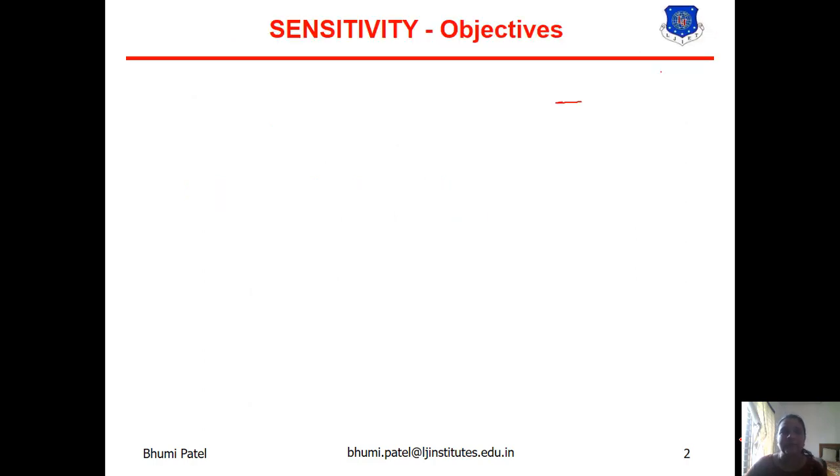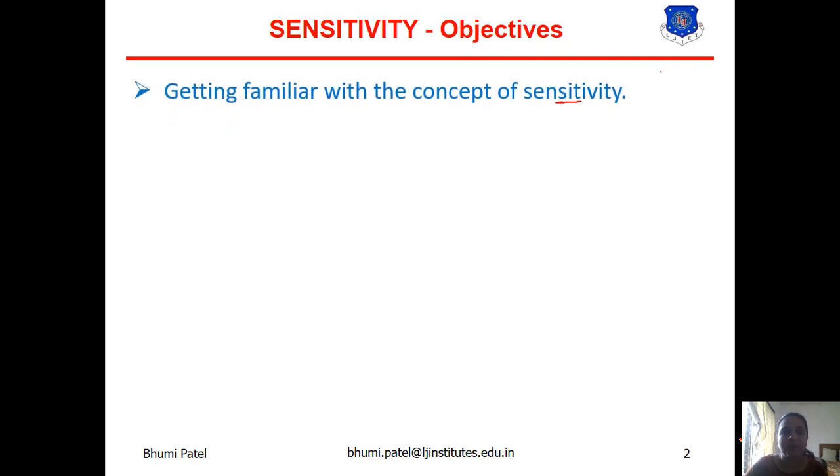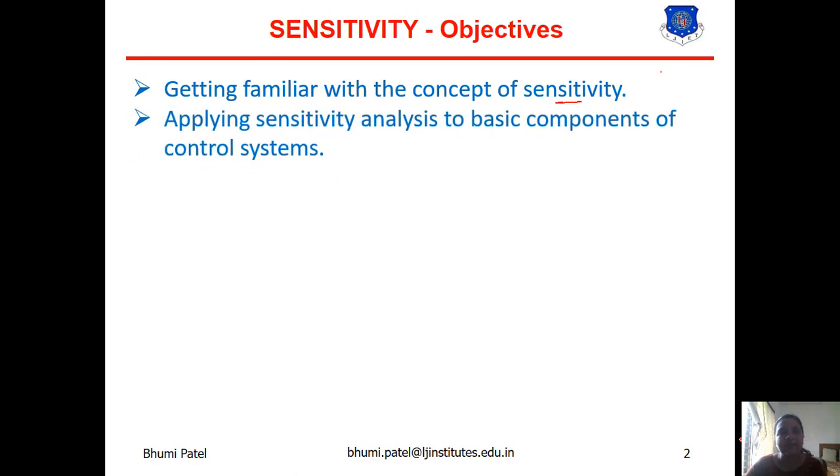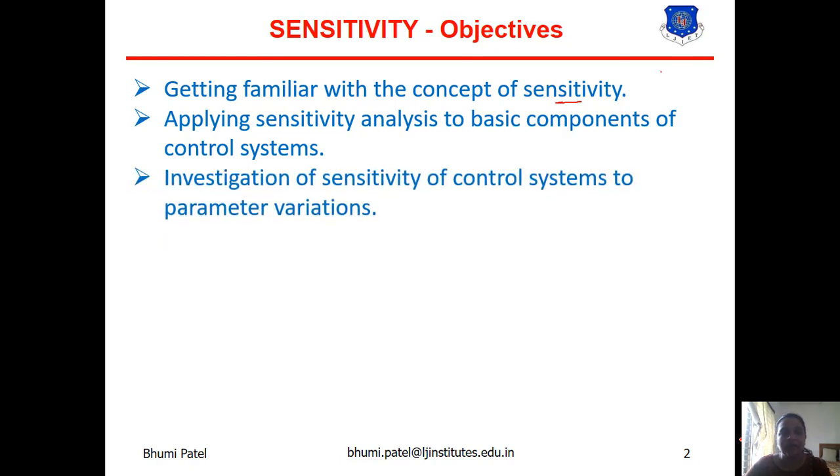So in the last session we have studied different objectives used for sensitivity. First objective is to become familiar with the concept of sensitivity, applying sensitivity analysis to basic components of the control system, and investigation of sensitivity of the control system to parameter variation.